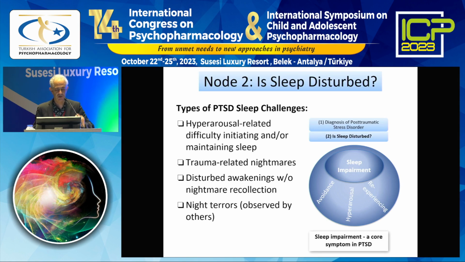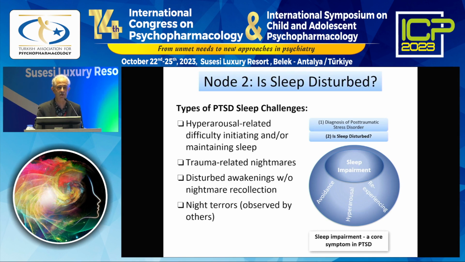The second is disturbed awakenings without recalling a nightmare. This is a routine question you should always ask anyone you're evaluating for nightmares or for PTSD, because many patients just don't remember their nightmares, but they wake up in the middle of the night, or they wake up at an early hour in the morning, 4 or 5 o'clock, and they just can't get back to sleep.